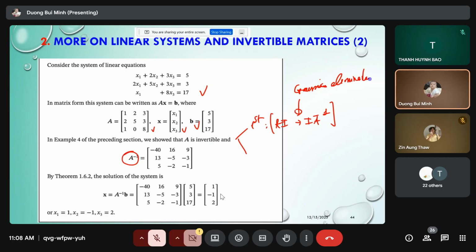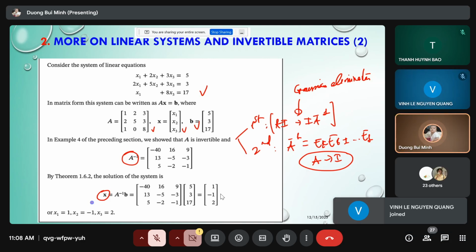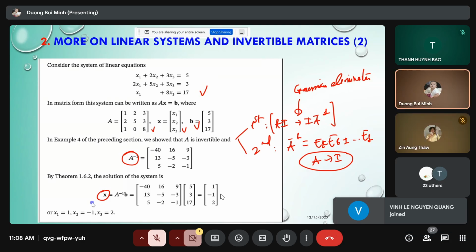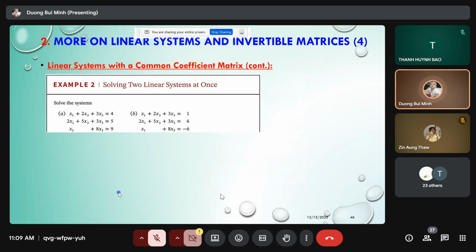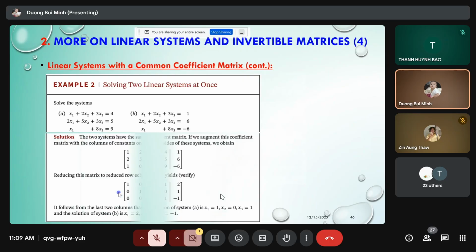Or the second method, we calculate the inverse of A as E_k, and so on, times E_1, where we modify A to become I. After that, you can get X as the product of the inverse of A and B. This one is for your reference.